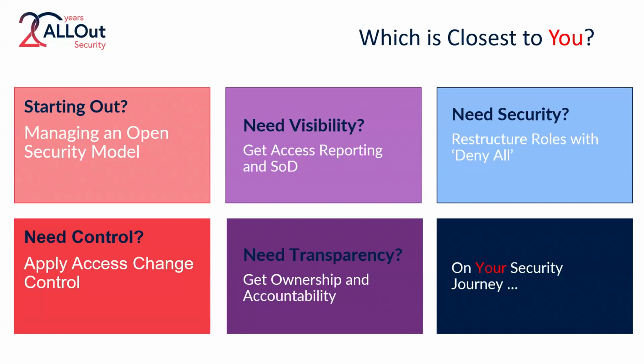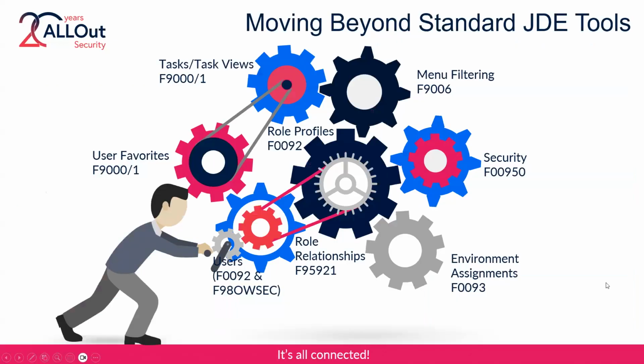Perhaps your company needs greater control and you need to apply access change control. Or perhaps you need to provide greater transparency and get ownership and accountability for compliance or for internal reviews. So we'll talk about your options there. Let's move on to the first scenario now.